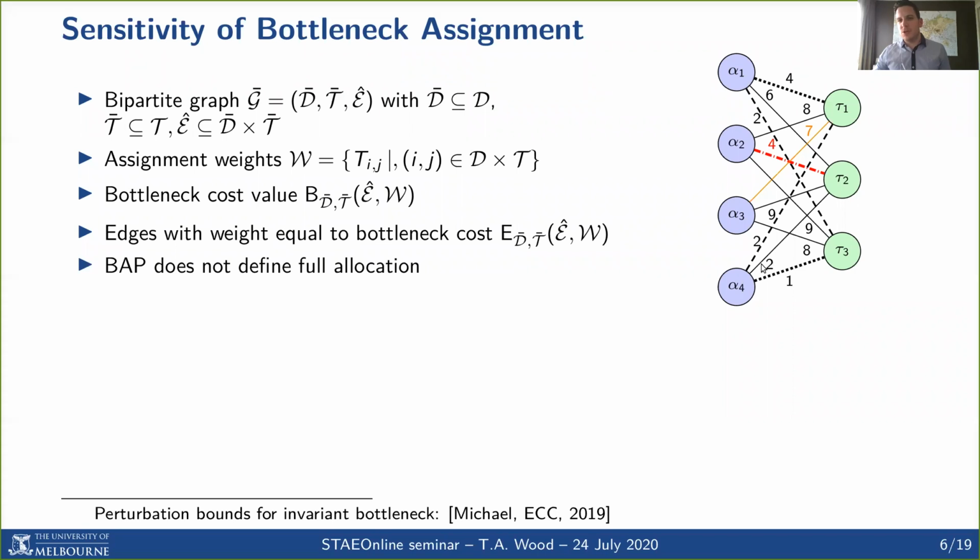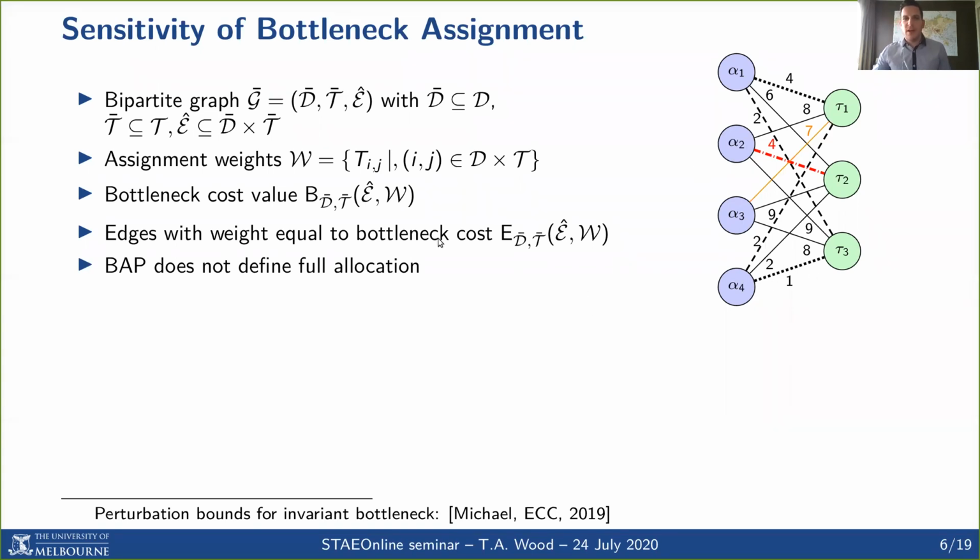So the assignment shown here in dashed lines is a maximum cardinality matching. It is a valid assignment, and its highest weight is 4. So it's a bottleneck optimal assignment. But also the assignment shown in the dotted lines here, the same middle edge and this edge, are also bottleneck optimal assignments.